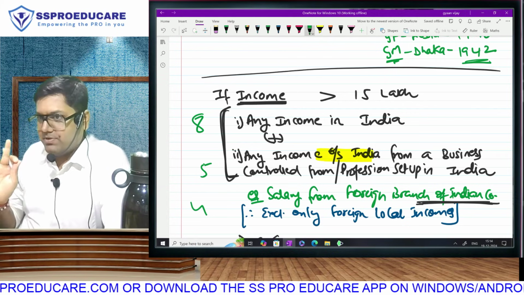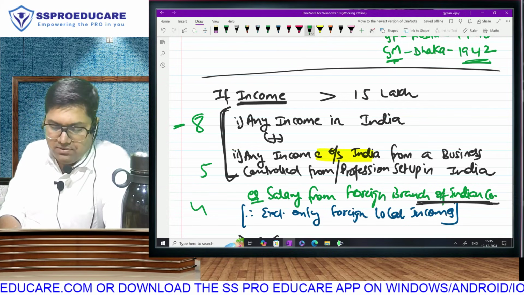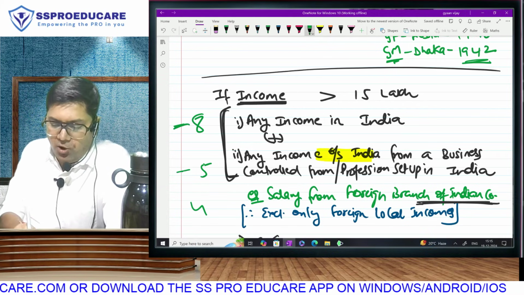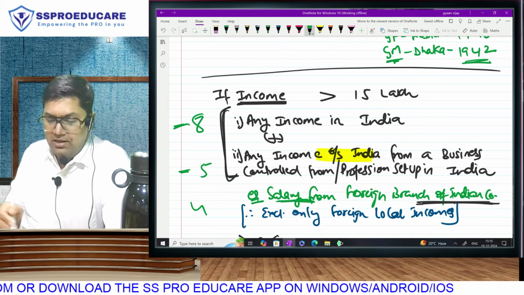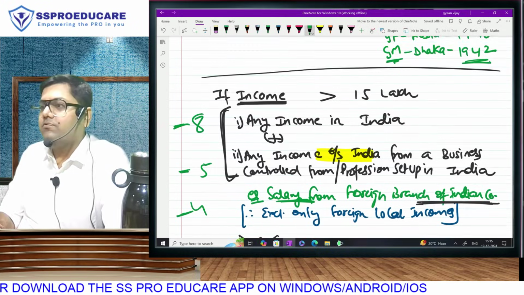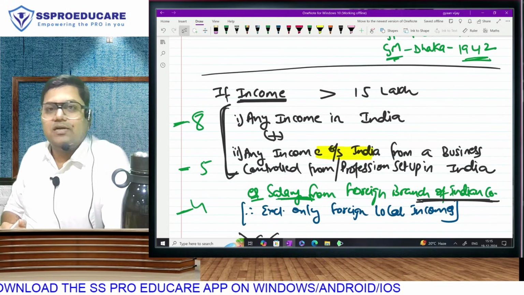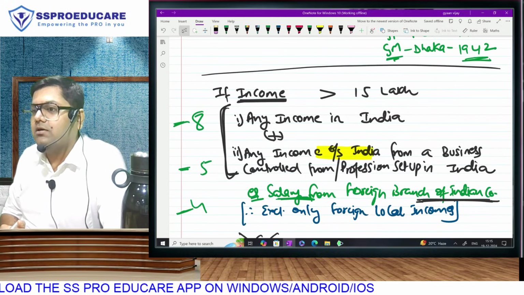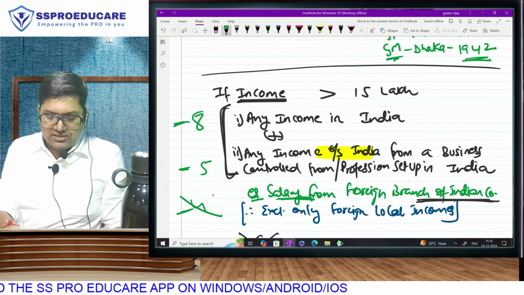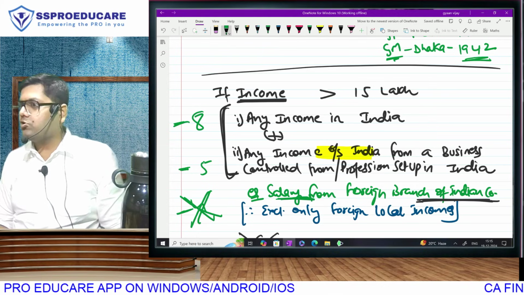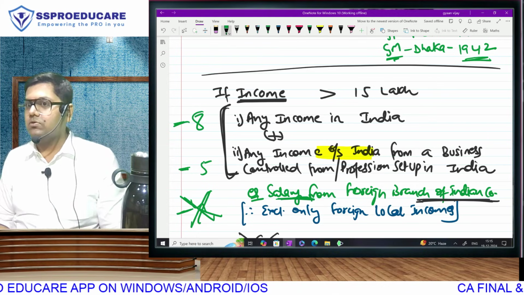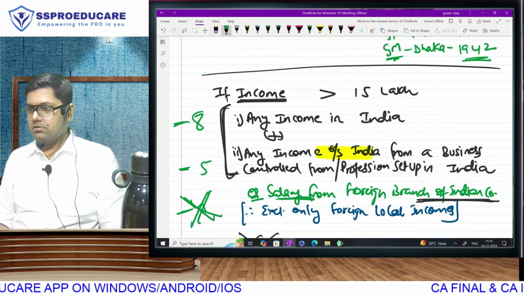I repeat my example. Indian rental income 8 lakh. Foreign branch salary, controlled from India, 5 lakh. And foreign bank account interest 4 lakh. So will we consider this 17 as greater than 15? No, because this income is not to be counted. Foreign local income is not to be counted. And otherwise the income comes to 13.